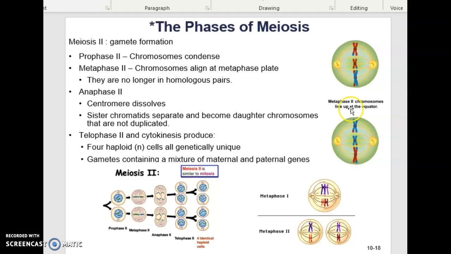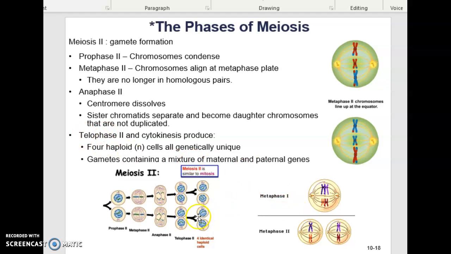This is metaphase 2. So metaphase 2, the chromosomes align. This time they're single file because they're haploid. So those chromosomes are going to align, and then the centromeres will dissolve, and Ana, the mean girl, is going to pull them away. So the sister chromatids will be pulled apart, and the centromeres will dissolve. That's anaphase 2.